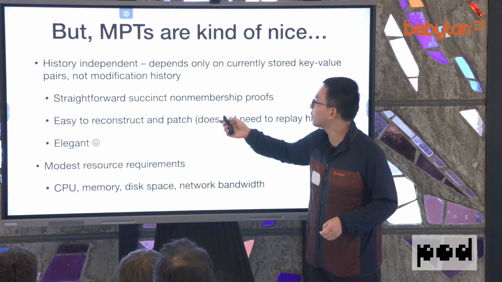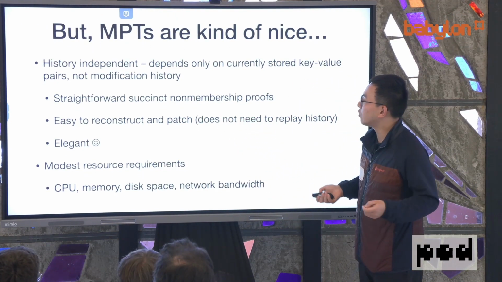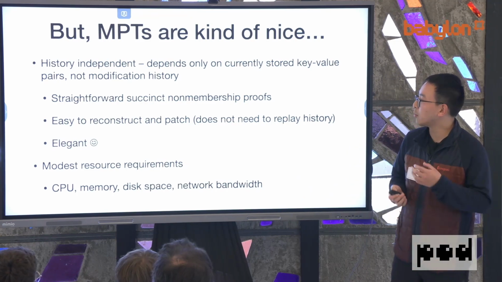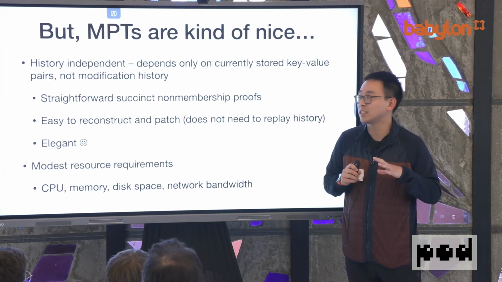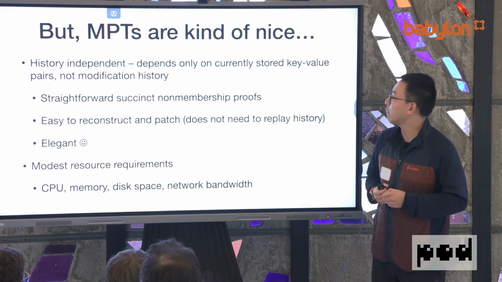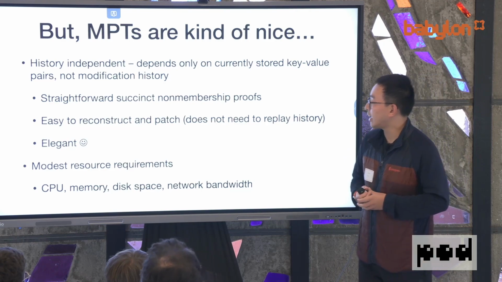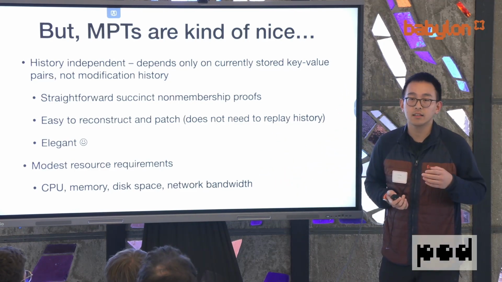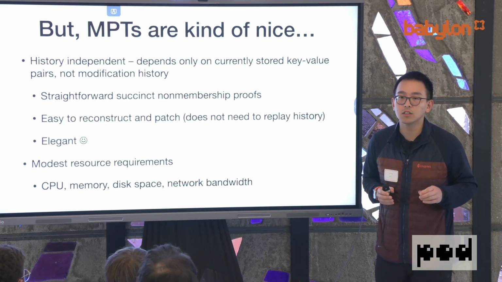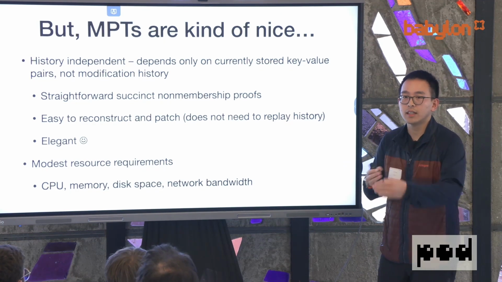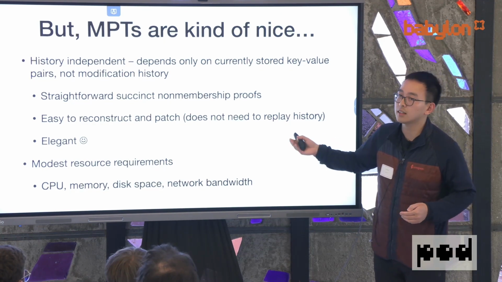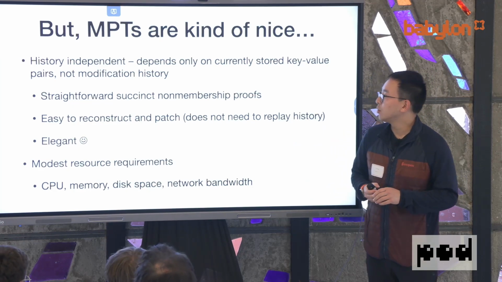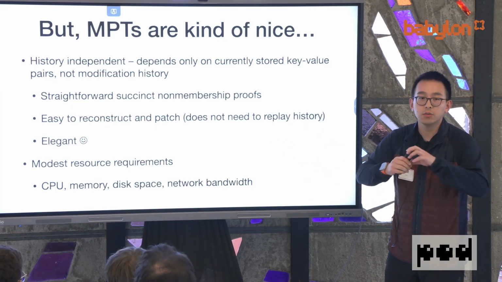So what it enables, first, is straightforward and succinct non-membership proofs. A non-membership proof basically says that you want to prove that something does not exist in the AKVS. And also, it's very easy to reconstruct in case the AKVS is lost, or in case you are synchronizing with a node, because you only need to get the leaves. You only need to get the key value pairs.